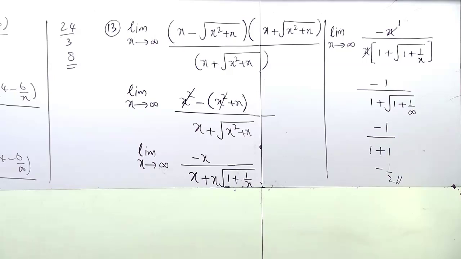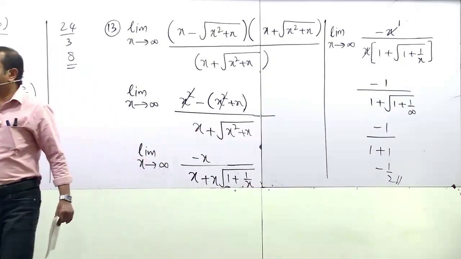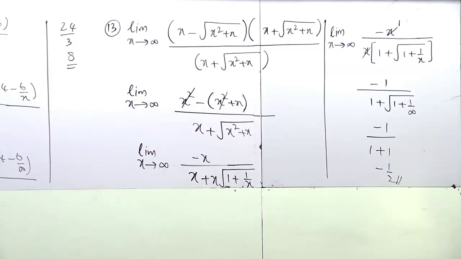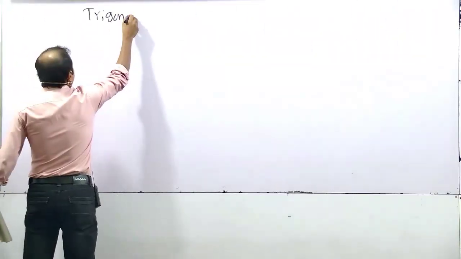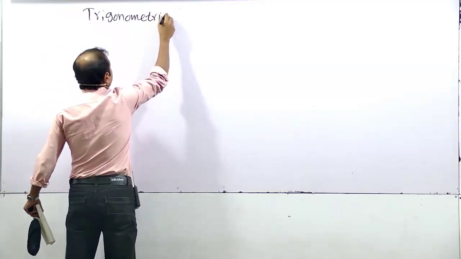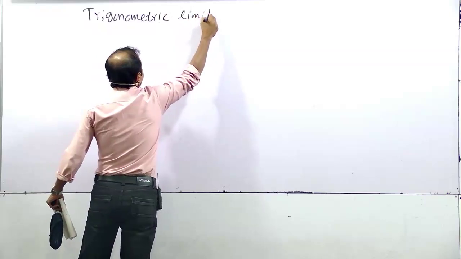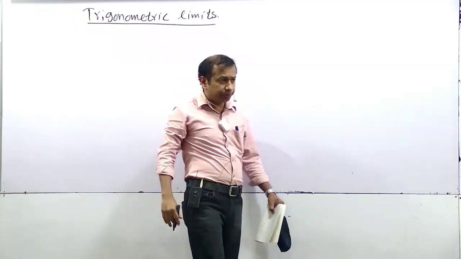Right now, we'll come to the next theorem. Now we are supposed to discuss questions involving trigonometry. Write down a subheading like this: trigonometric limits.